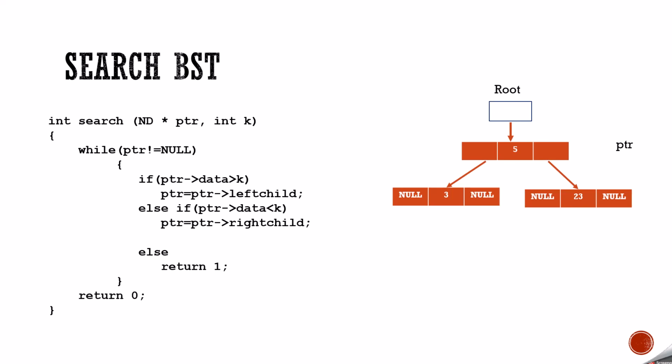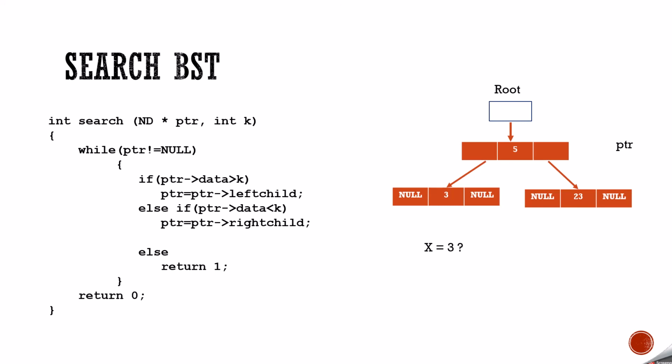This is also an iterative process, exactly the same way as we have seen during insertion. At the very beginning we take the root in ptr, the pointer ptr, a temporary variable inside the search function, which starts pointing to the first node.